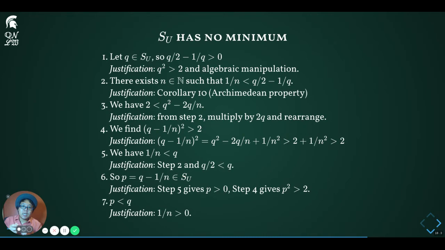So setting p being q minus 1 over n, we find a number that is positive, whose square is at least 2, and so p is in SU. But 1 over n is positive, so p is less than q. And this is what we want to prove. Notice that here the Archimedean property played an important role.